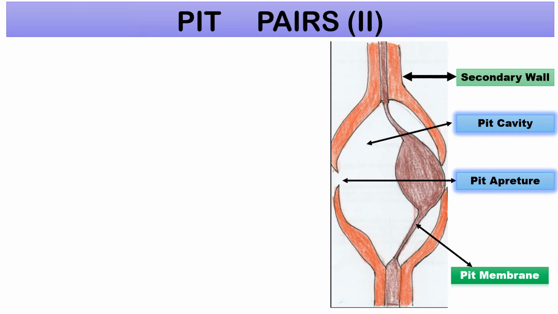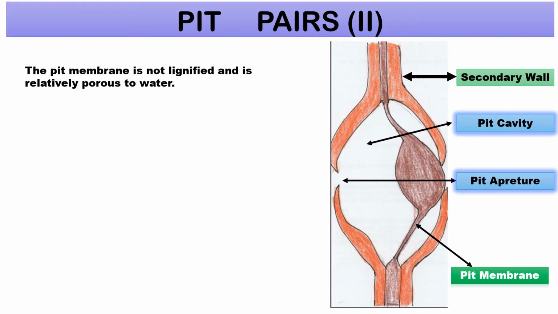If we look at the function of pit pair, what we see is the pit membrane is not lignified. So it allows water to pass through from this side to the other side. And in the bordered pit we find there are two areas.